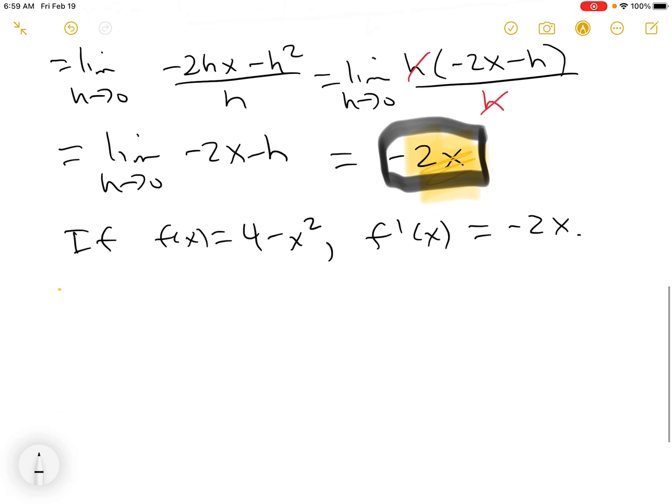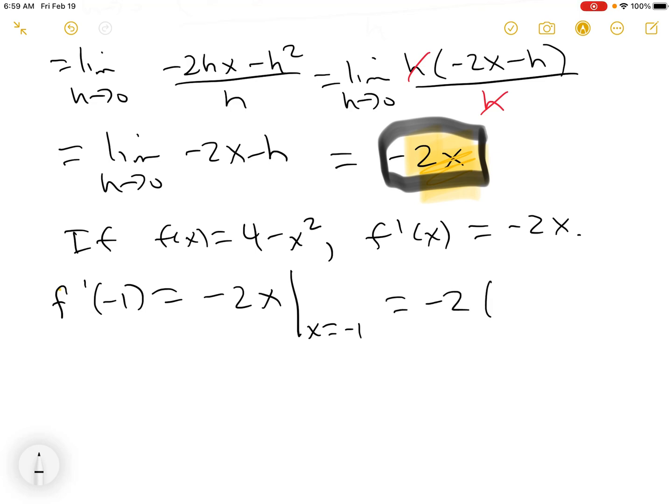So what's f prime of minus 1? Well, all you do is you take the derivative that we just found and evaluate it at x equals negative 1. And that bar is called an evaluation bar. We use it throughout Calc 1 and Calc 2. And this is minus 2 times minus 1.